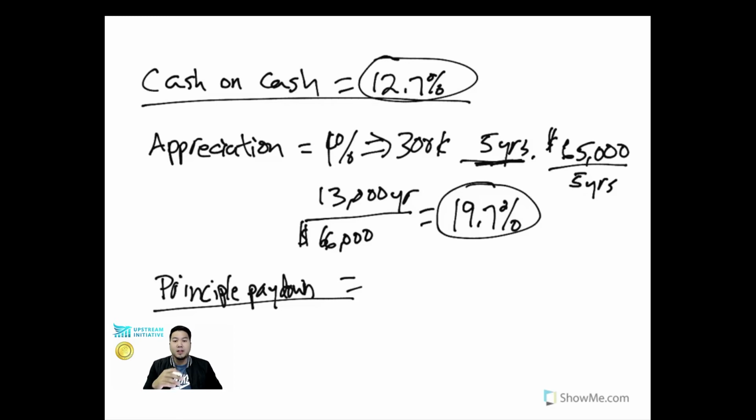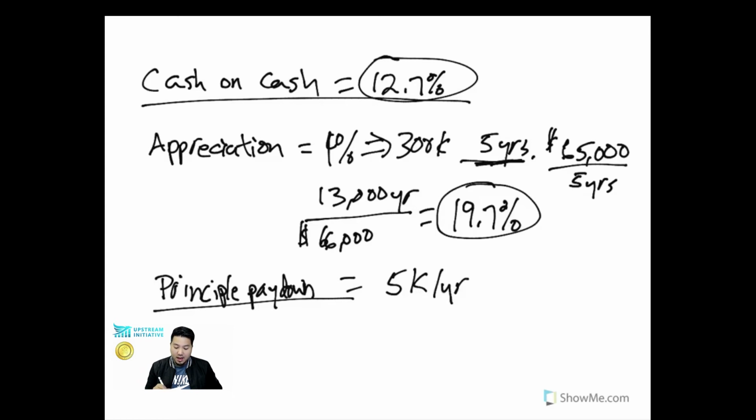So I did the math already, and I'll show you in another video exactly how to find the amortization table and get an exact number. But I've already done this for you, and this is about $5,000 per year that you will get in principal being paid down for the first 5 years. So again, this is per year.